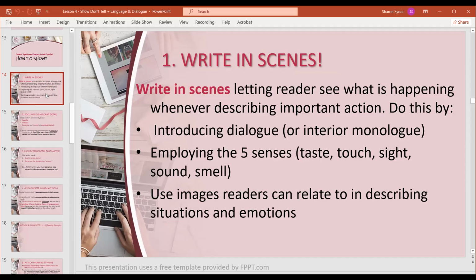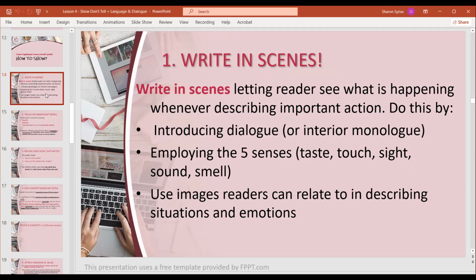And that is the third kind of telling that Deborah lady talked about. So when you're writing in scenes, you may introduce dialogue, but most important thing about writing in scenes, use the 5 senses. Don't focus only on what can be seen.